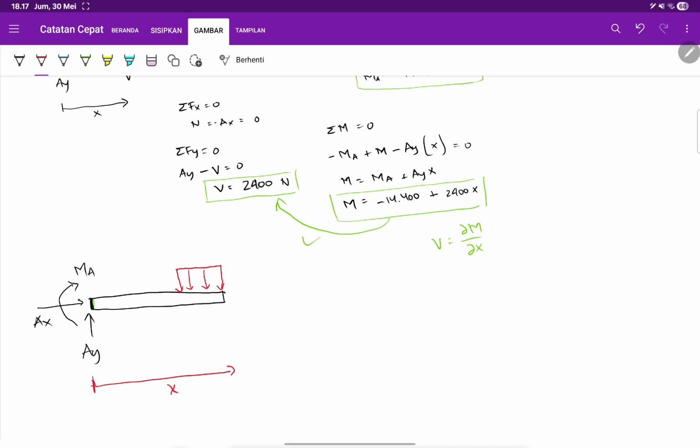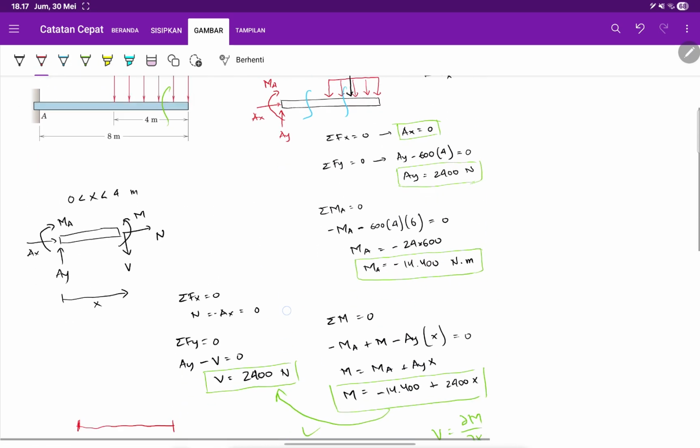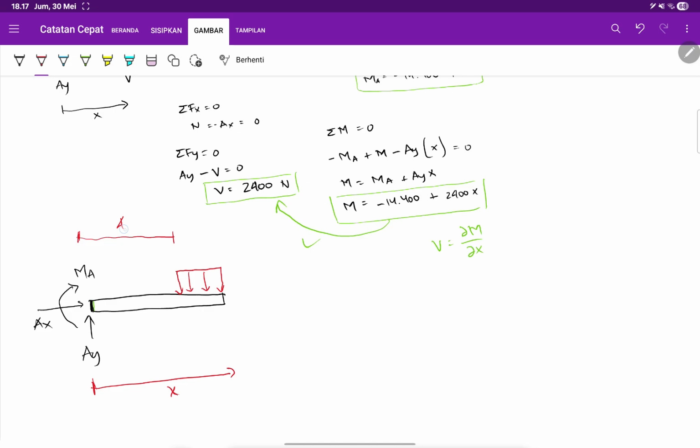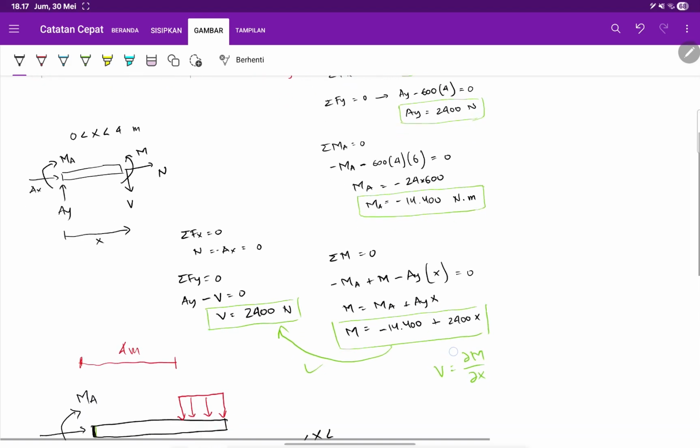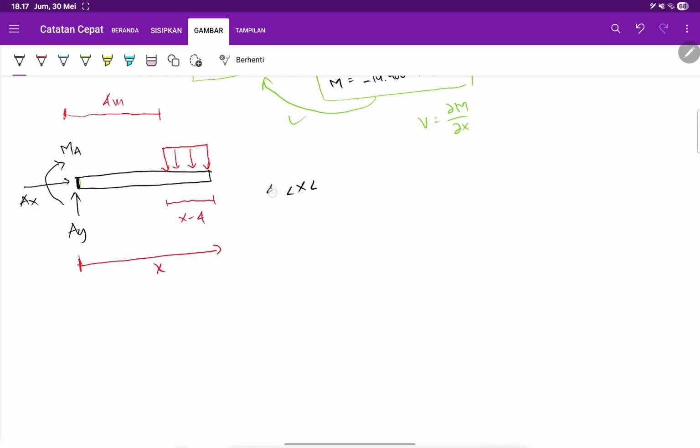And then from this distance to here, the distance is 4 meters. So it means that this distance is x minus 4. And this analysis that we are going to do is valid for x from 4 to 8 meters.